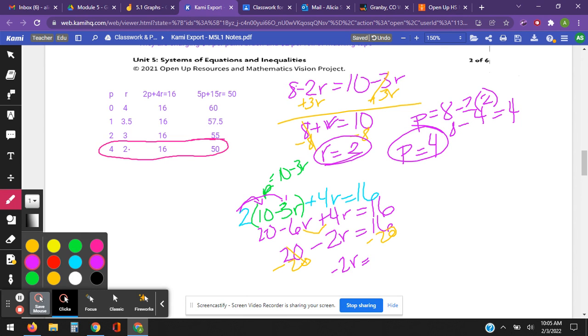Negative 2r equals negative 4. And then when I divide by negative 2 on both sides, r equals a positive 2, which is what I got before. And then I can substitute it in. 10 minus 3 times 2, 10 minus 6 is 4. So I still get p equals 4.